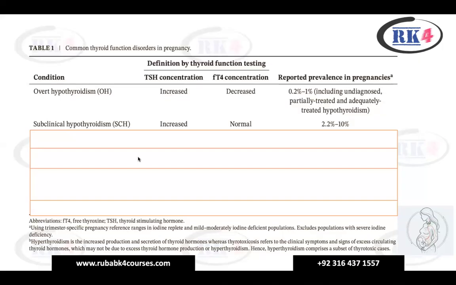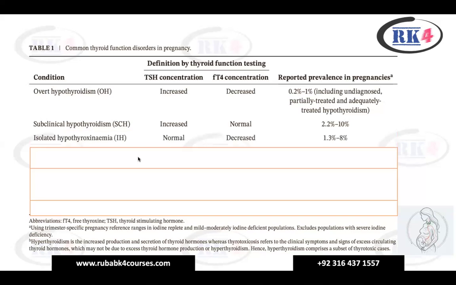This table is important, and you can get it as part of assessment in single best answers. They may ask you about the prevalence in pregnancies and the TSH and T4 levels. They may give you TSH and T4 concentrations and ask you to identify whether it is overt or subclinical hypothyroidism, or they may simply ask about the prevalence.